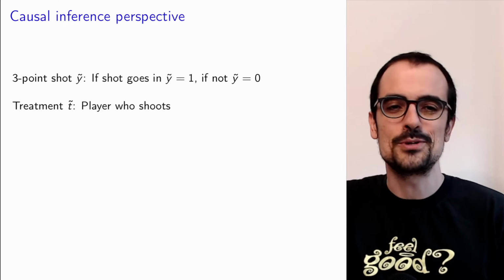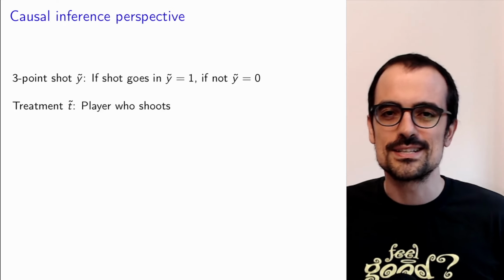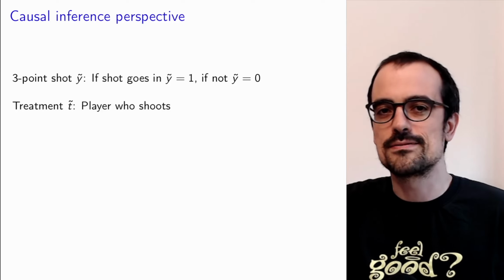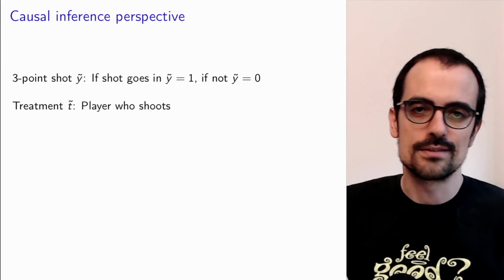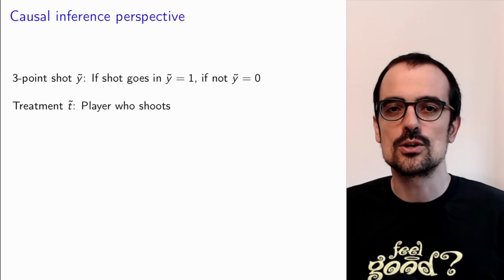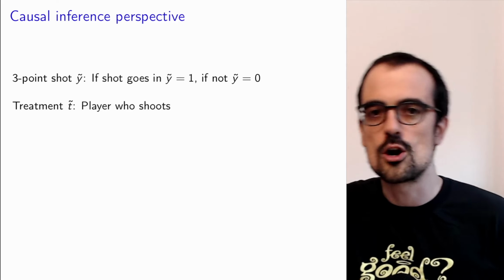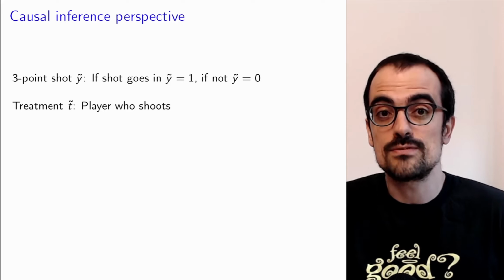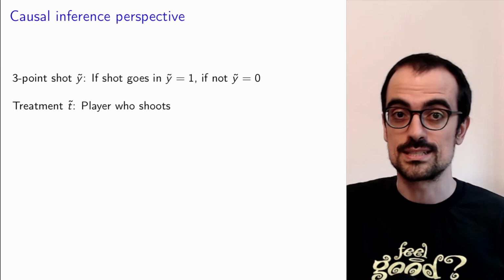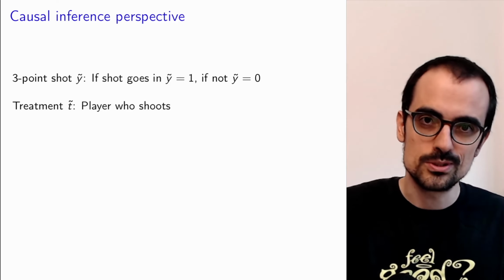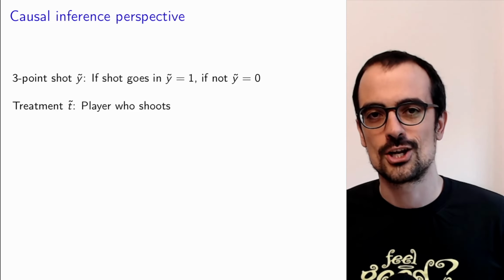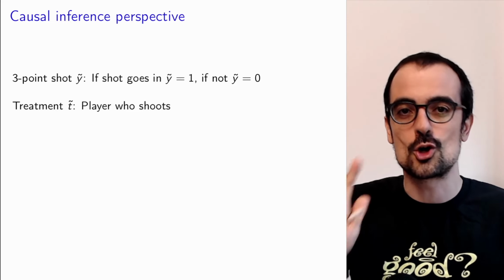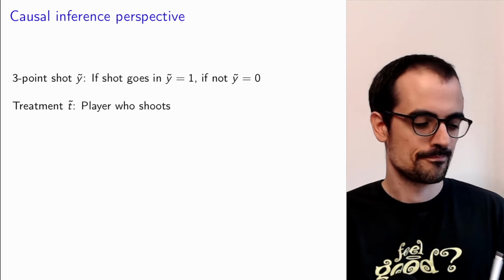And then we have a treatment. So treatment in causal inference is usually whether you give someone a drug or not, or whether you give someone a vaccine or not. Here it's going to be whether Curry or Lee shoots the three-pointer. And essentially what we want to see is if there's a causal effect for the same three-pointer. If Lee shoots, is it more likely to go in than if Curry shoots? That's really the causal effect that we're after.